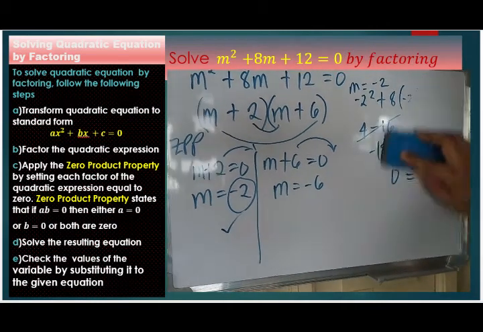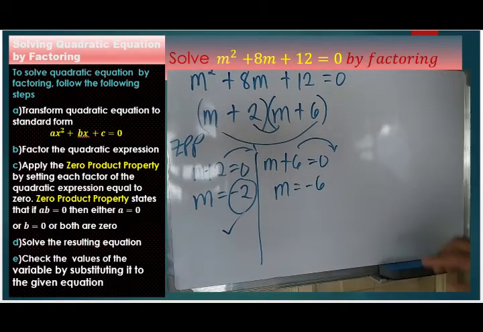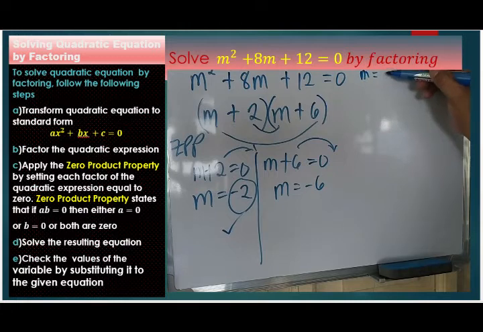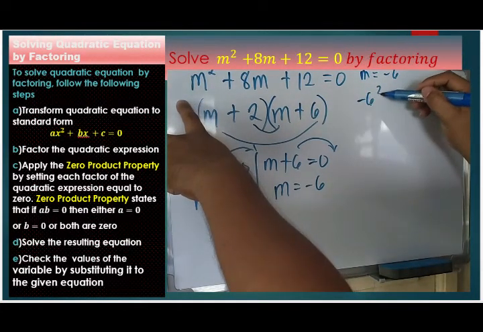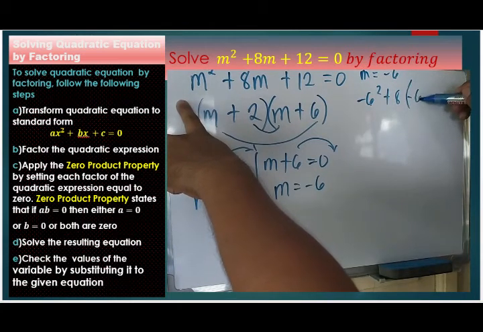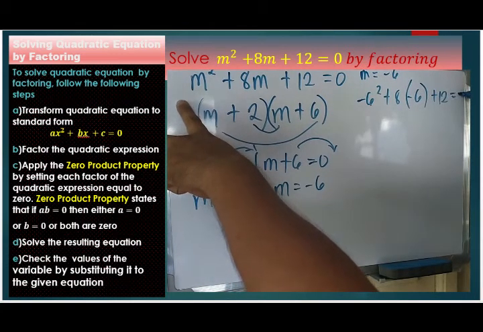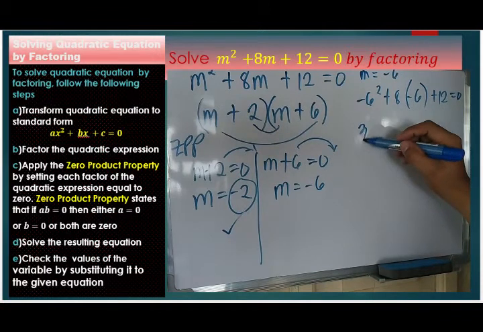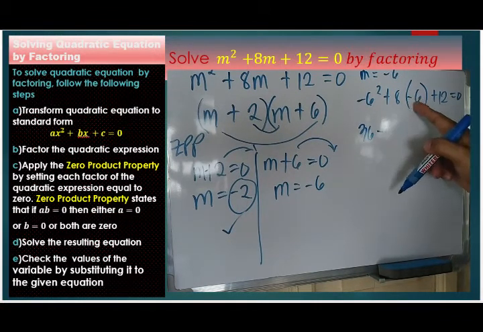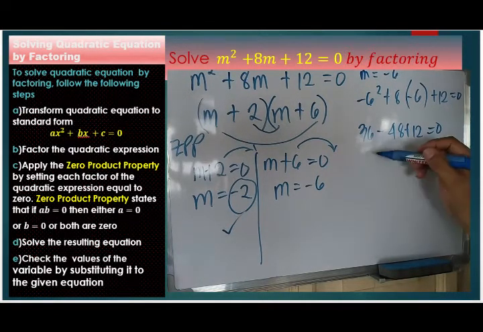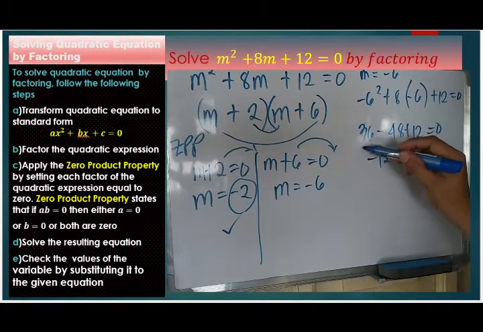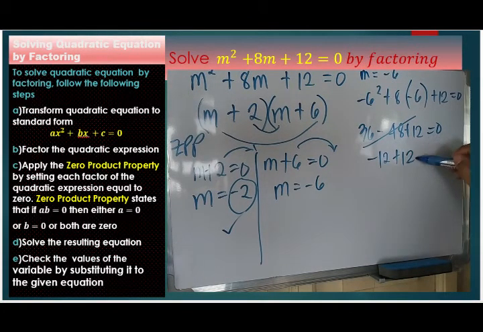Let's have the next one. How about if m is equal to negative 6? Then you say negative 6 squared plus 8 times negative 6 plus 12 is equal to 0. So this is now 36 minus 8 times 6 is 48 plus 12 is equal to 0. 36 minus 48 is negative 12, then you have plus 12 is equal to 0.